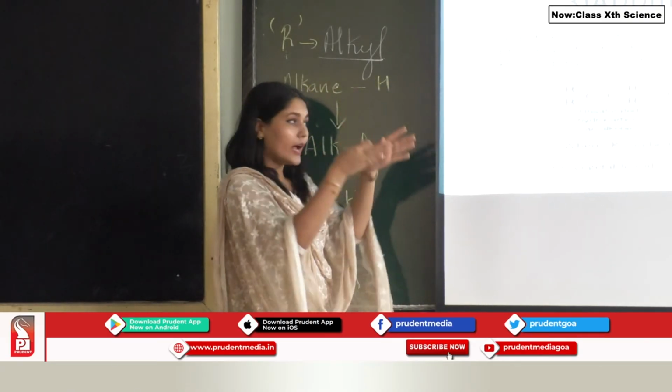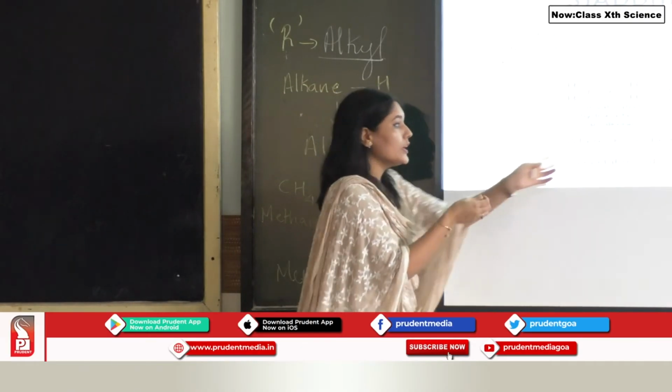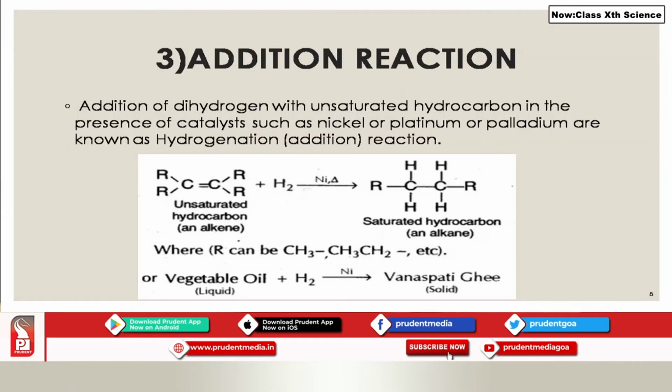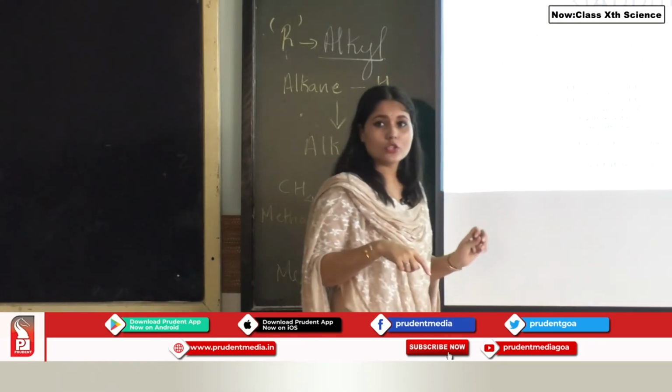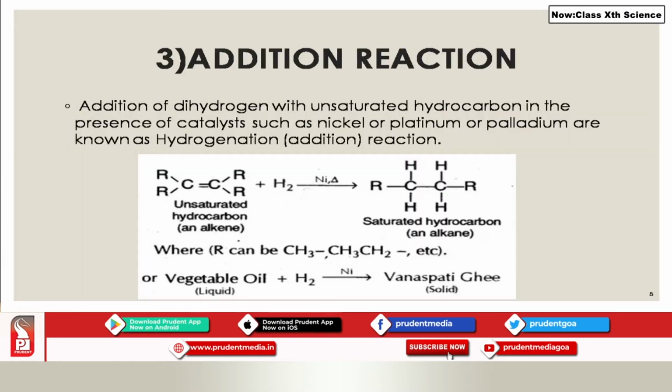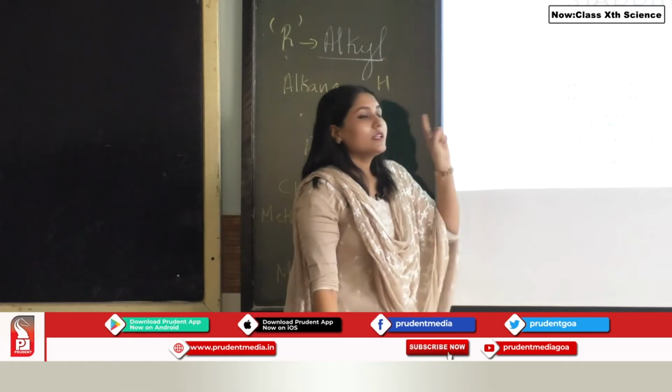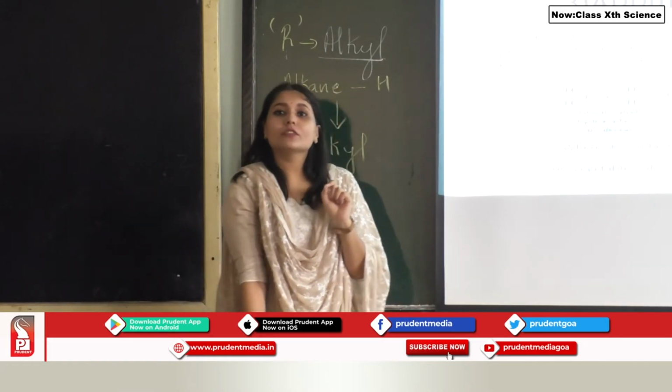Here R can be anything: R can be CH3, methyl; R can be CH3CH2, that is ethyl; propyl, butyl and so on. So an alkyl group is being attached to an alkene. Addition of hydrogen is being done in the presence of nickel as a catalyst. So the moment hydrogen is added in the presence of nickel, you will realize on the product side that there is a disappearance of the double bond.